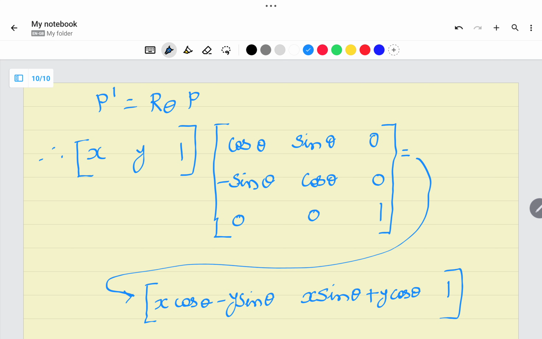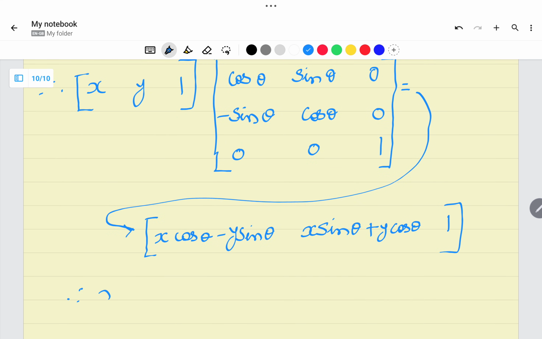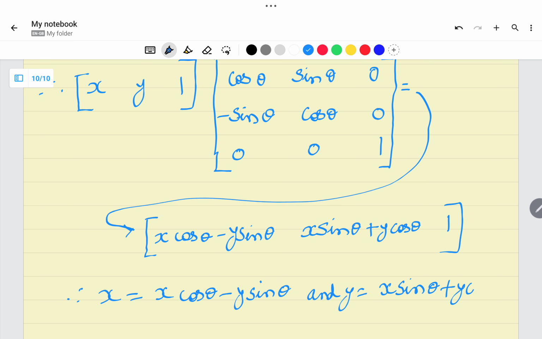So this is matrix multiplication. From this we can easily decode x dash is equal to x cos theta minus y sin theta, and y dash is equal to x sin theta plus y cos theta. So this is a homogeneous form, and we can reduce it to the 2D Cartesian form.